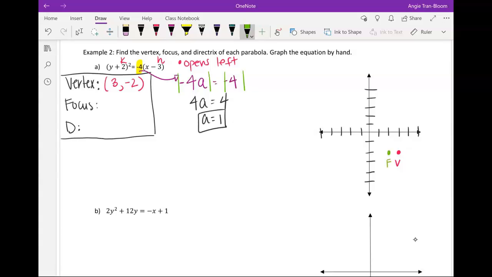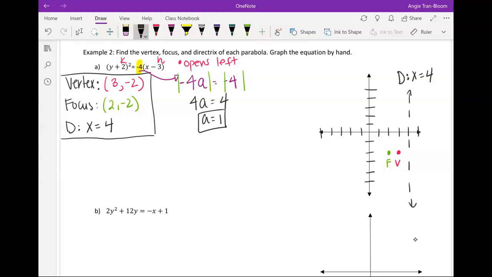I can find that location right away. That's 2, -2. The directrix is 1 unit, aka a unit. So here's the directrix: x equals 4.